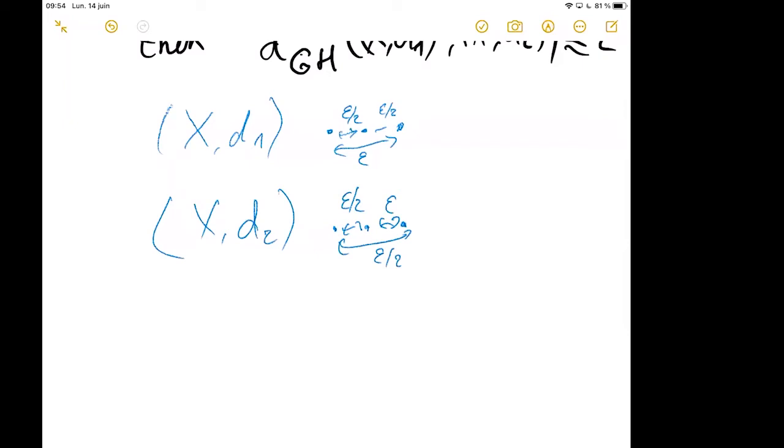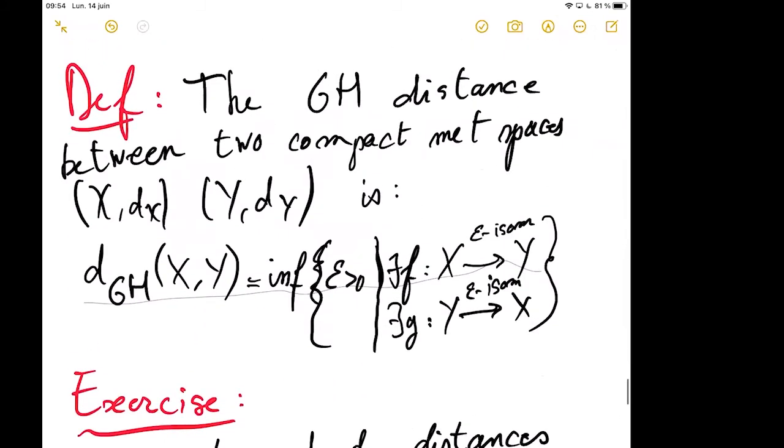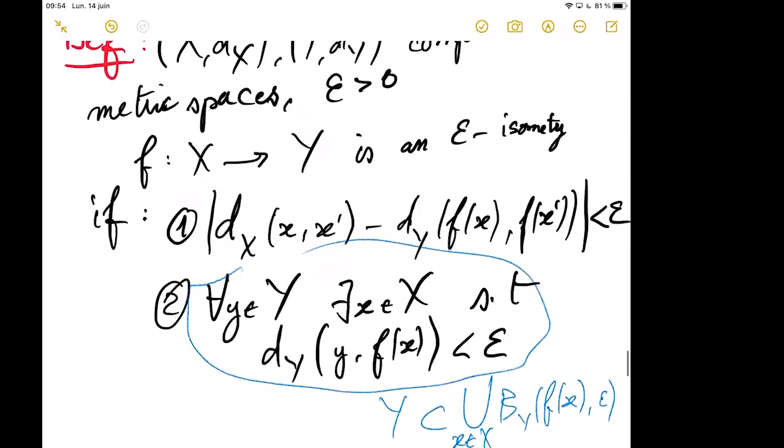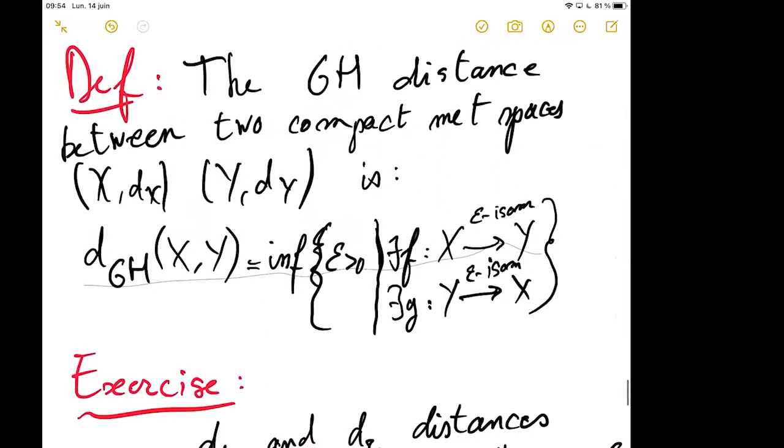The Gromov Hausdorff distance is 0 because these spaces are isometric. If you have a real isometry, so something which is distance preserving, then you have an epsilon isometry for all epsilon positive, and the Gromov Hausdorff distance is 0.